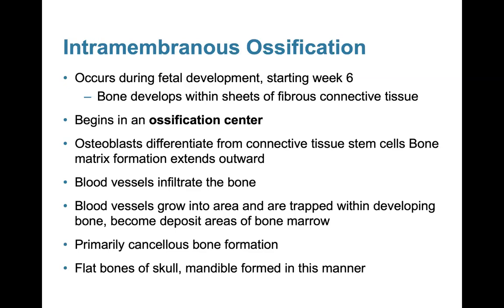The blood vessels will grow into an area and are trapped within the developing bone. They become deposit areas of the bone marrow, primarily cancellous bone formation. Flat bones of the skull and mandible are formed in this manner of intramembranous ossification.